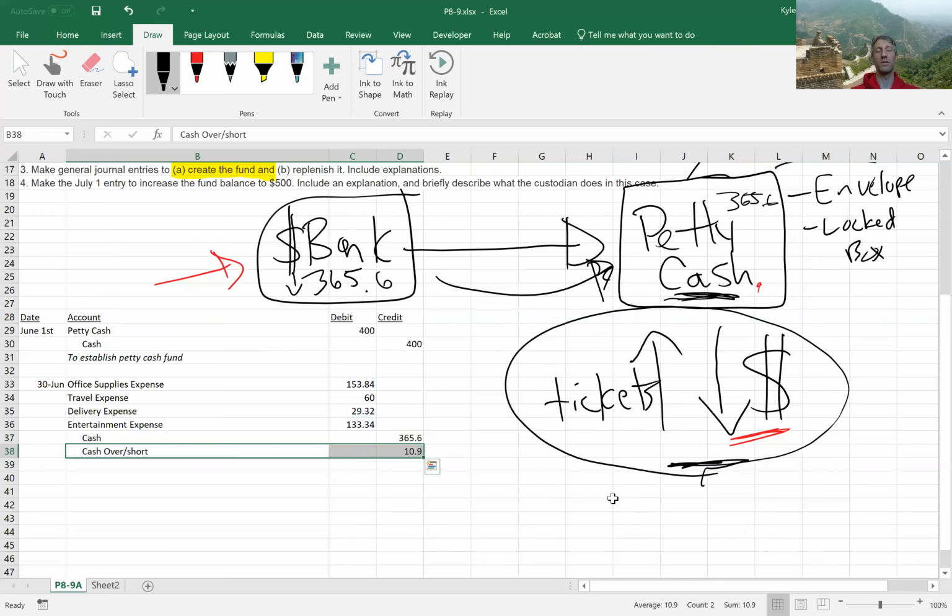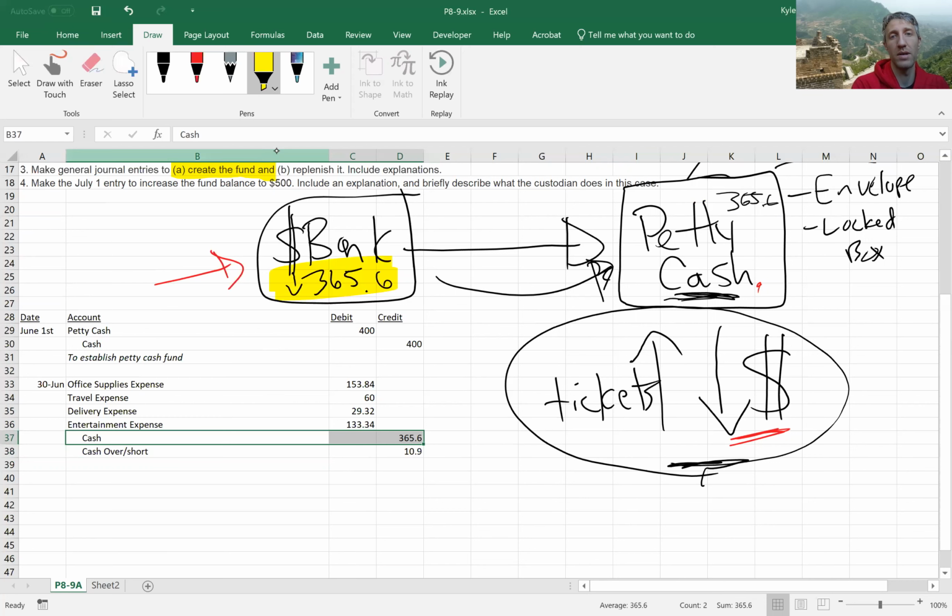Now, you might be wondering a couple of things at this point. We credited cash, that's the bank account, because we actually physically had to go to the bank to withdraw it, to put it into petty cash to get it back up to its target balance. And you might be thinking, well, we put the money into petty cash, shouldn't we be debiting petty cash again?